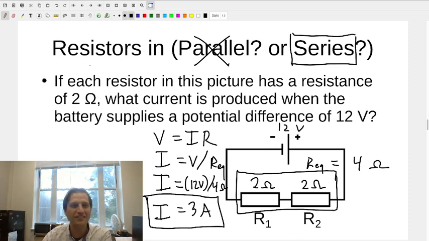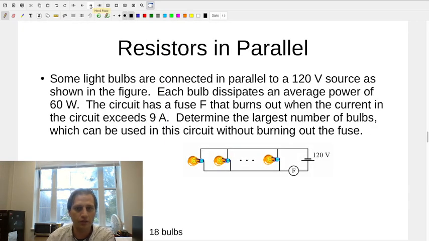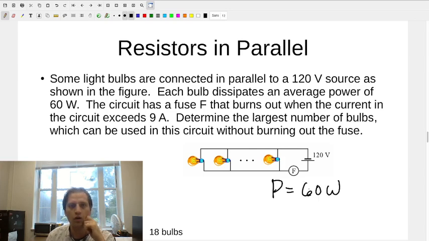Let's take a look at a problem using resistors in parallel. In this problem, it says we've got a bunch of light bulbs connected in parallel to a 120 volt source as shown in the figure. Each bulb dissipates an average power of 60 watts. So P equals 60 watts.